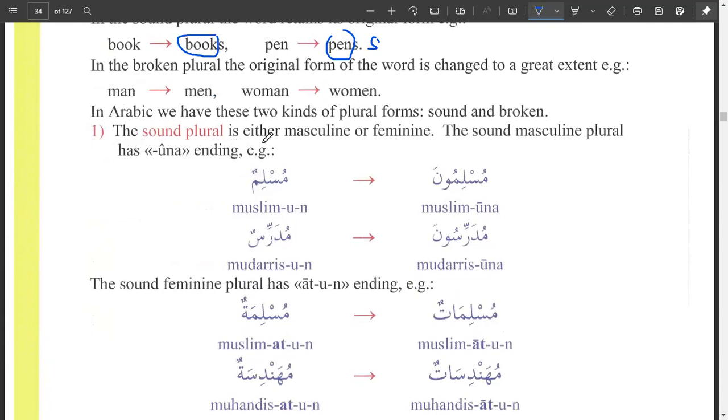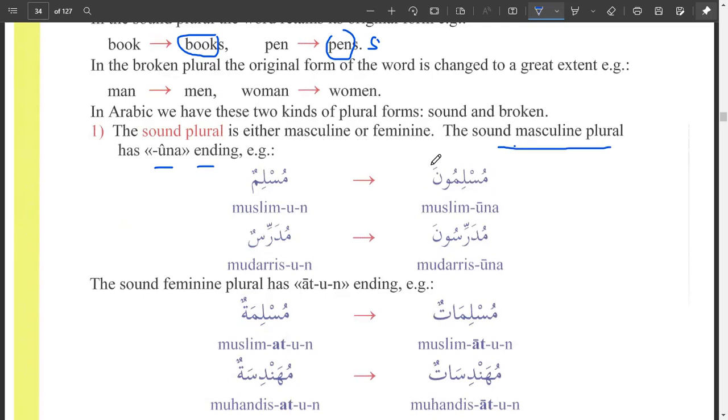The sound plural is either masculine or feminine. The sound masculine plural has the ending una, like Muslimun, Muslimuna.